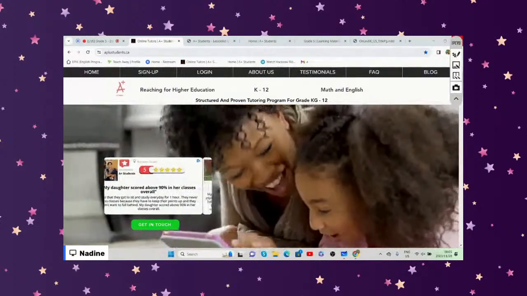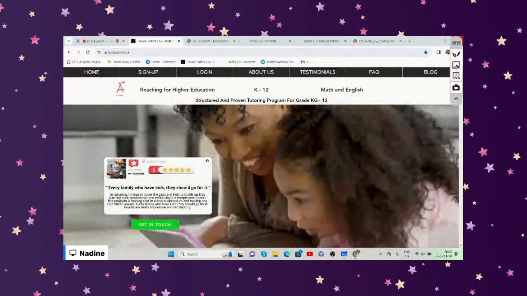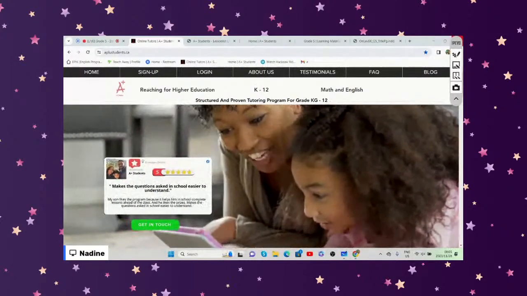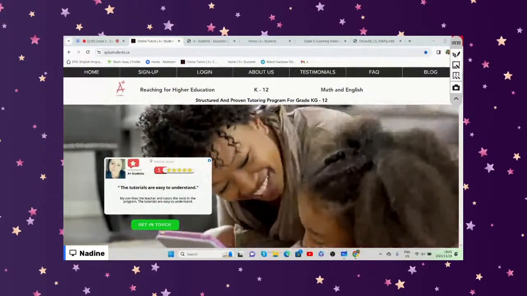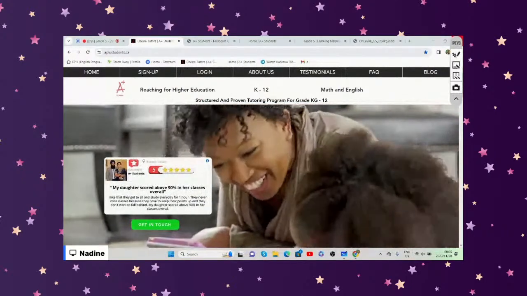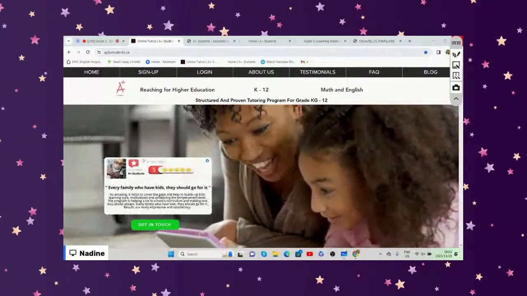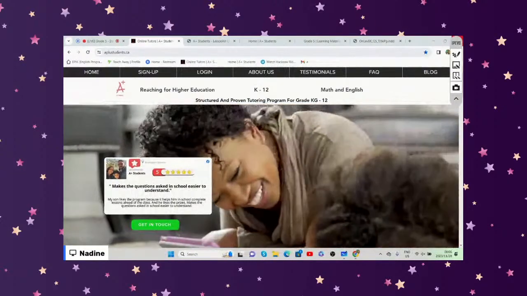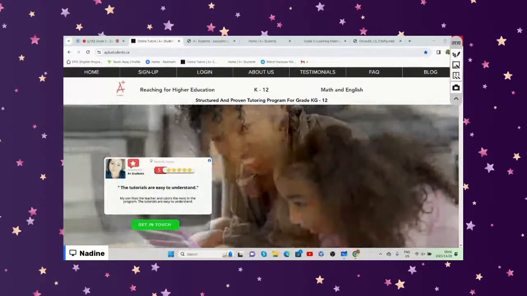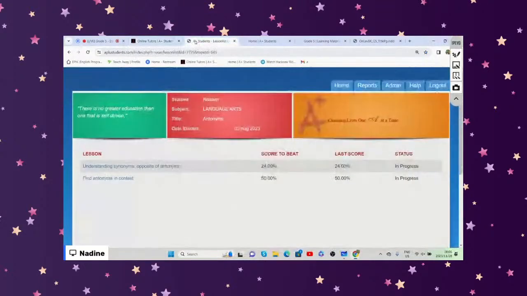Once we've logged on to aplusstudents.ca with our username as well as our password, we're going to select the subject of language arts, and then grade 5. Then we're going to scroll down until we get to the chapter of antonyms.